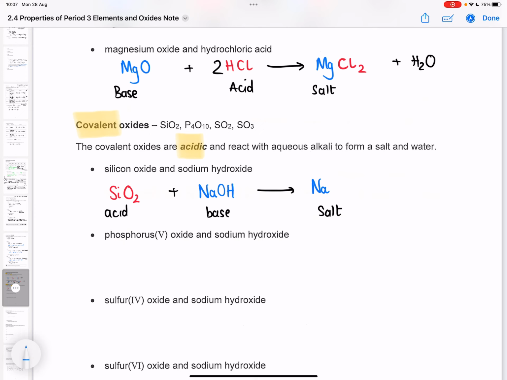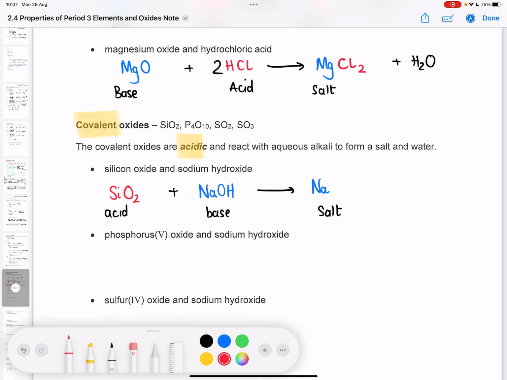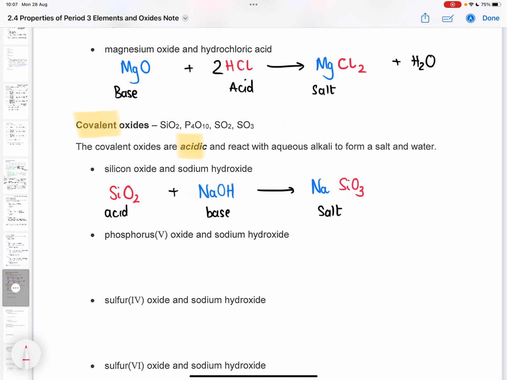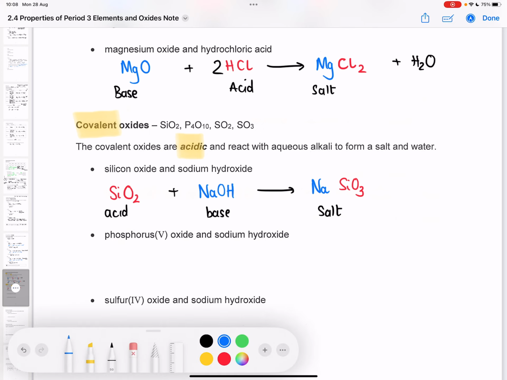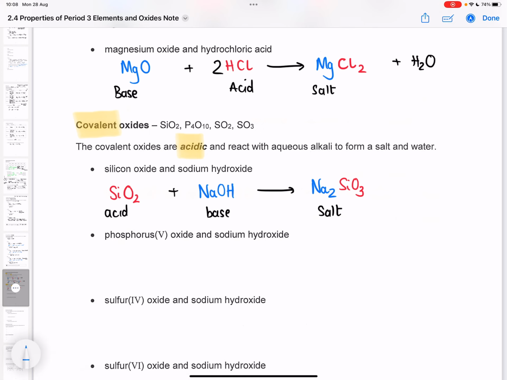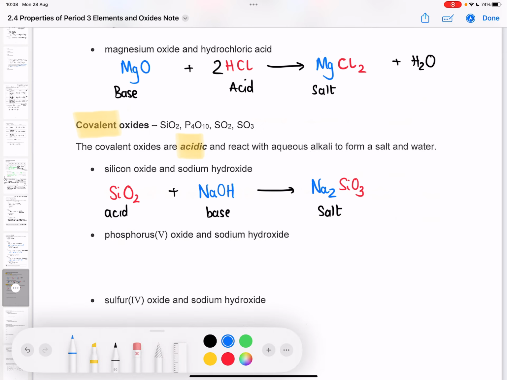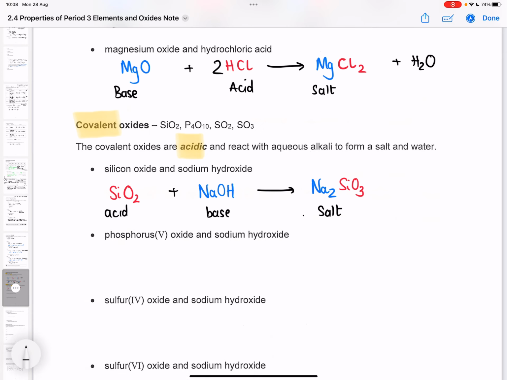So if you go back to your front page and you look, what does SiO2 produce? SiO2 produces SiO3, but remembering that this is a 2-, and therefore it needs 2 sodiums to balance it. And this particular salt is called sodium silicate, sodium from the metal and silicate from the silicon oxide ion, and then we've got water. And now we just need to balance our equation. We just need to put a 2 here.